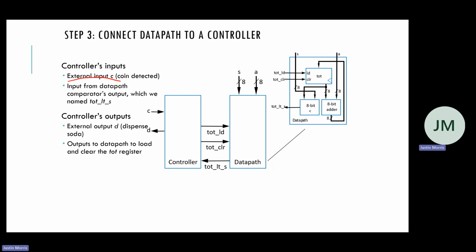So we have the comparator output, which is total less than S. And then controller outputs is going to be, we have the external output D, which is to dispense the soda. And then our other outputs are to control that total register. Should it be loading or should it be clearing? Or should it be doing nothing and just hold its current value?